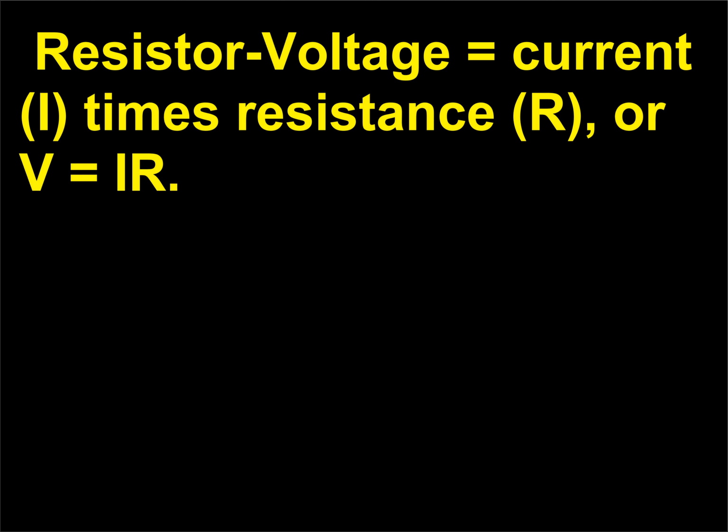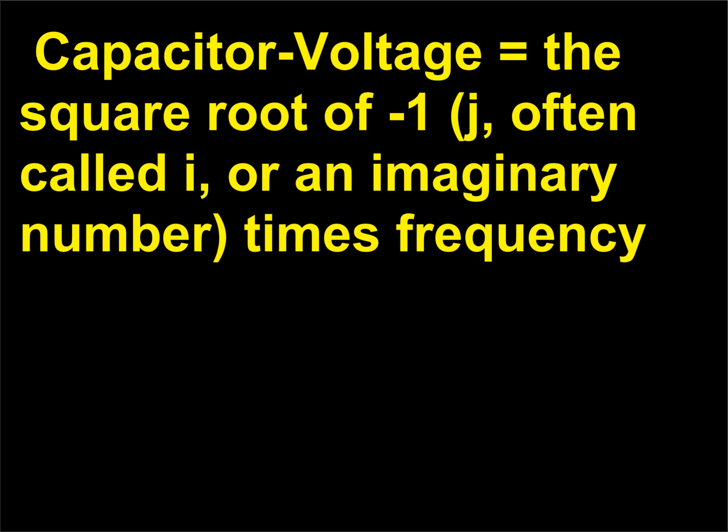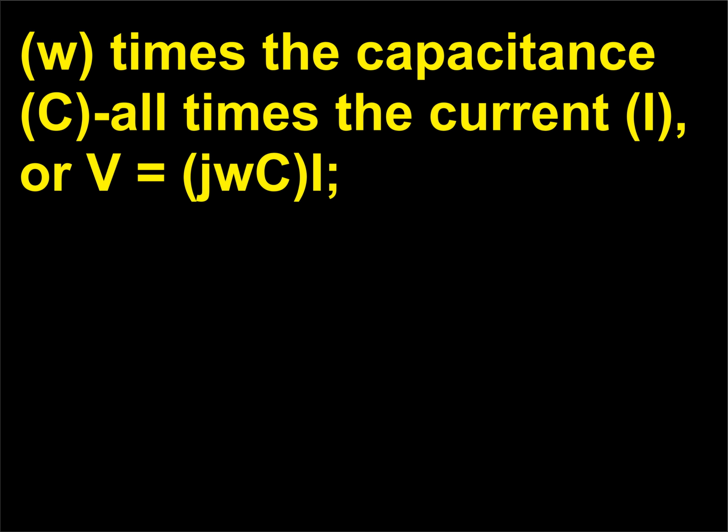Resistor voltage equals current, I, times resistance, R, or V equals IR. Capacitor voltage equals the square root of -1, J, often called I, or an imaginary number, times frequency, W, times the capacitance, C, all times the current, I, or V equals JWCI.